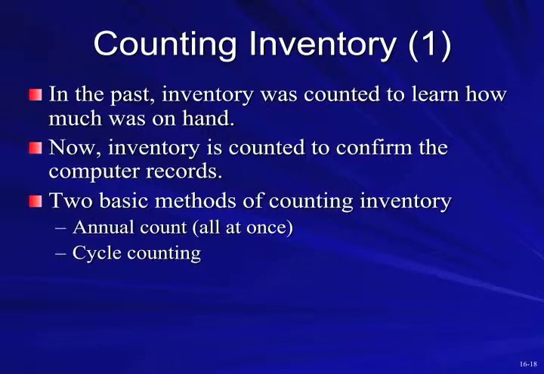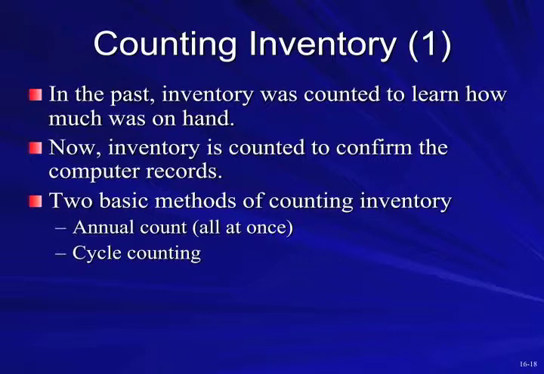One of the things you do to make sure your information is accurate is you periodically count inventory. Now there are two ways of doing that. One is the periodic count, which could either be once a year or even once a month.